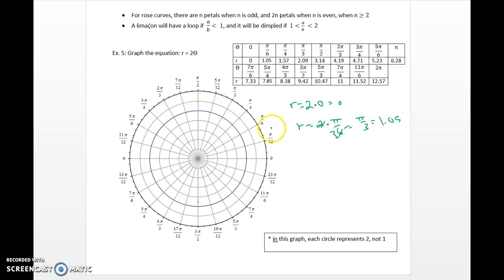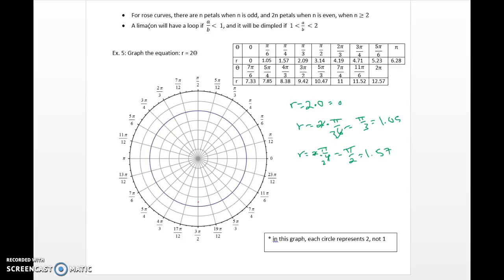If we did pi over 4, r equals 2 times pi over 4, and we can reduce that to be pi over 2. And in decimal form, that is 1.57. And so on and so on.